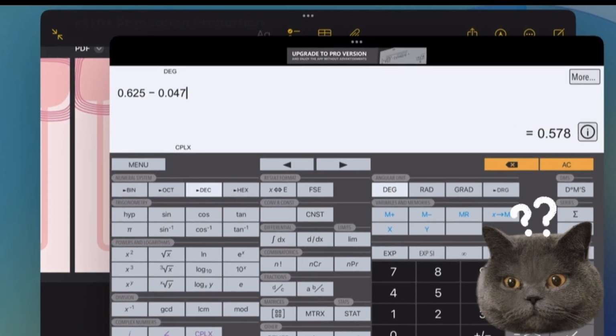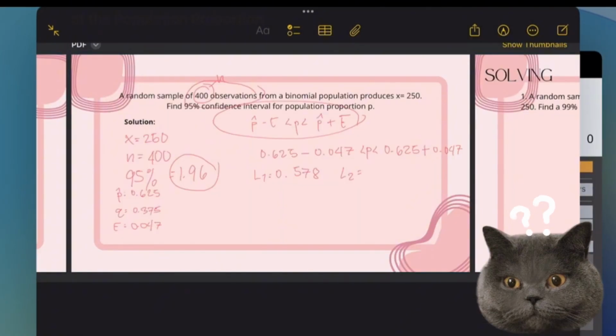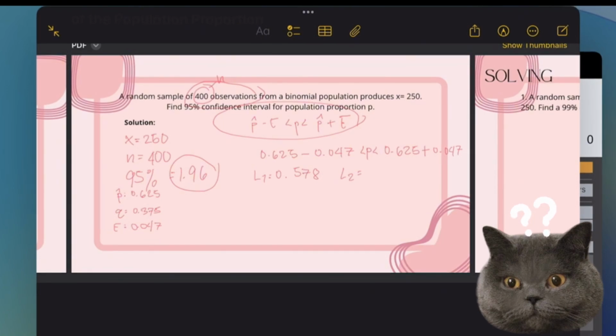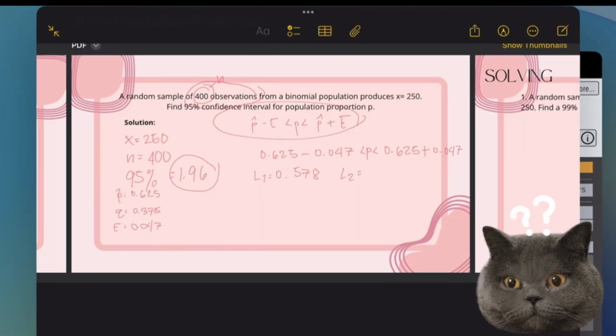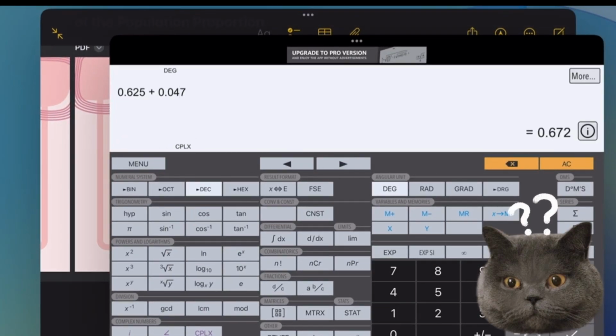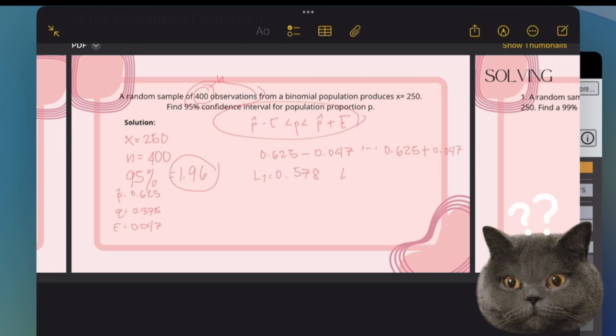And our upper limit. Sa upper limit naman, i-plus lang natin. So, 0.625 plus 0.047. So, our upper limit is 0.672.